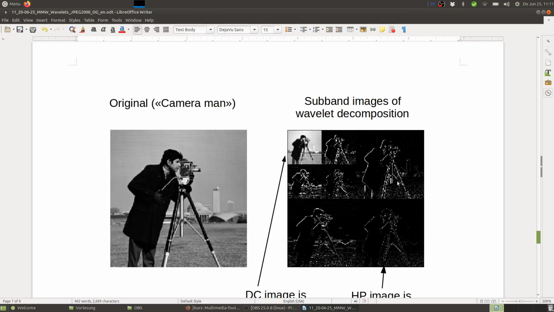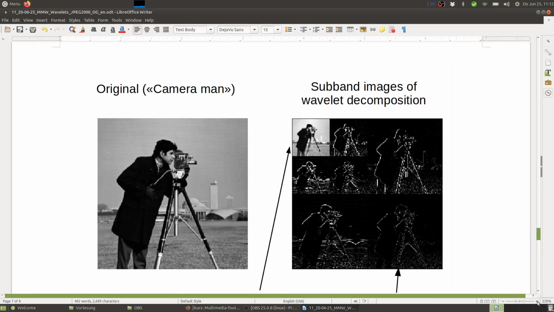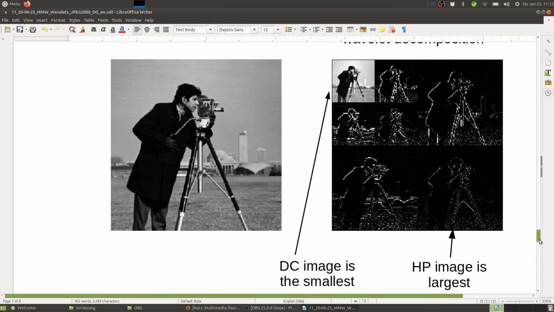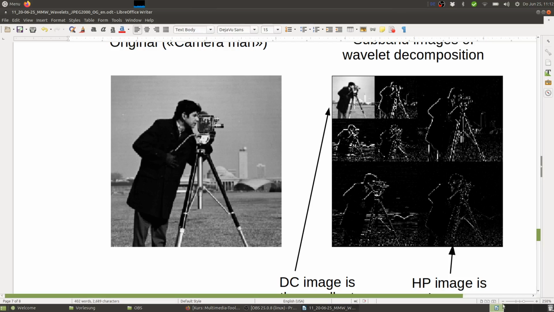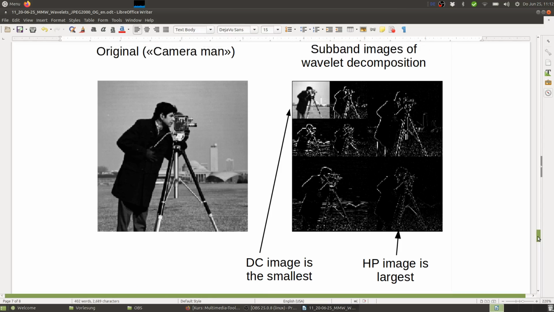So then on the right you can see the resulting wavelet decomposition. Right, so here you can see the result. Maybe you can zoom in a little bit to see it better. Okay, so here in the upper left hand corner you can see the DC image, the DC subband.